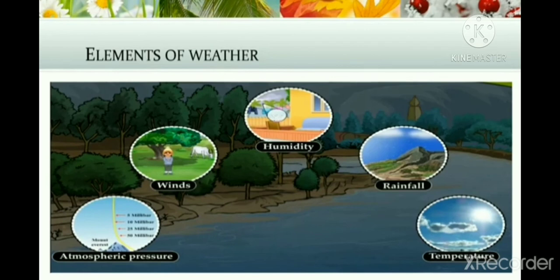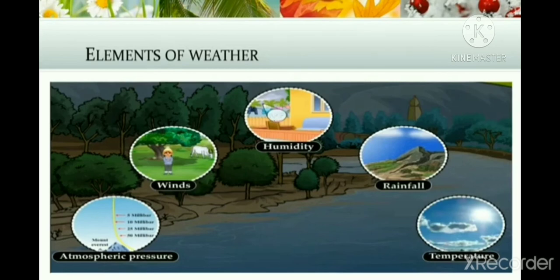Now, based on the weather condition and the climatic condition, there are elements of weather. We need to have a deep understanding of what affects the climate of a place. Why are these climatic conditions important?